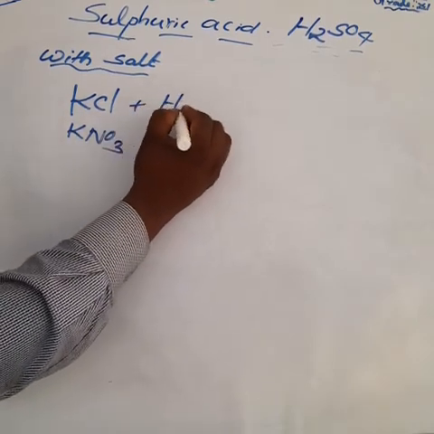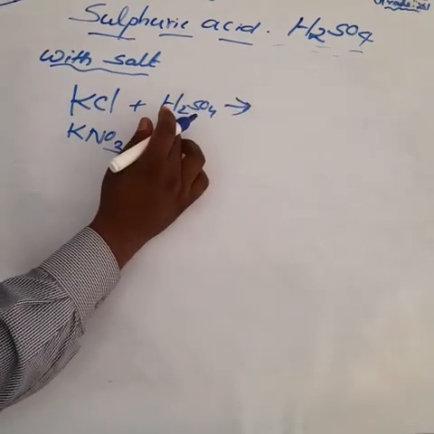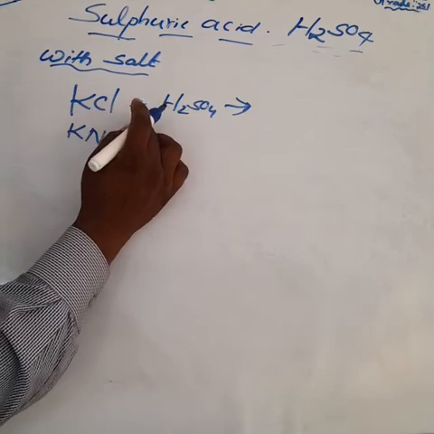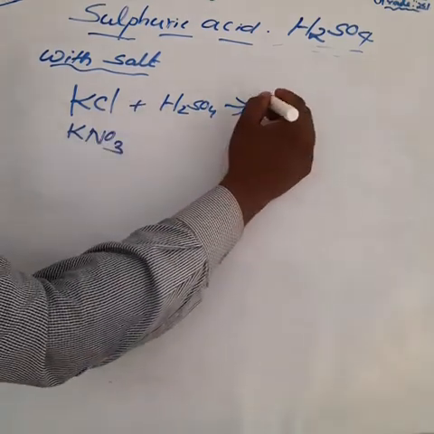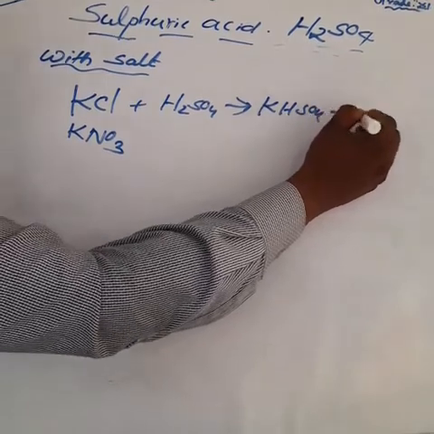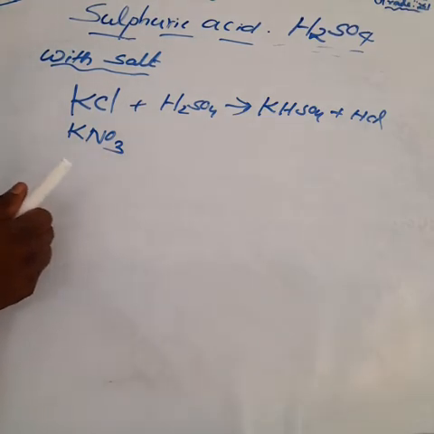KCl reacts with the sulfuric acid, we get the hydrogen from sulfuric acid combines with Cl to form HCl. What's the remaining product? KHSO4, potassium bisulfate. What's the formula? KHSO4, potassium bisulfate.